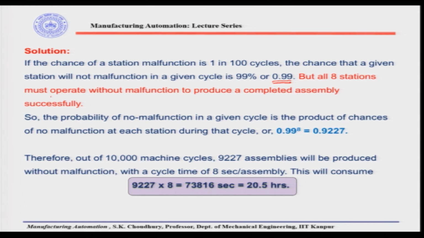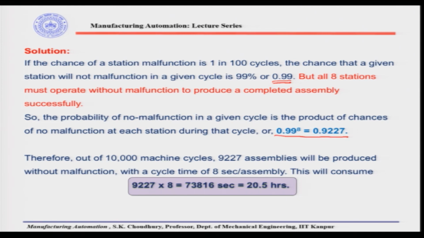All 8 stations must operate without malfunction to produce a completed assembly successfully. So, the probability of no malfunction in a given cycle is the product of the chances of no malfunction at each station during that cycle. There are 8 stations and the no-malfunction probability is 0.99 each. Therefore, the probability of no malfunction in a given cycle will be 0.99 to the power 8, the power of the number of stations, which is 0.9227.